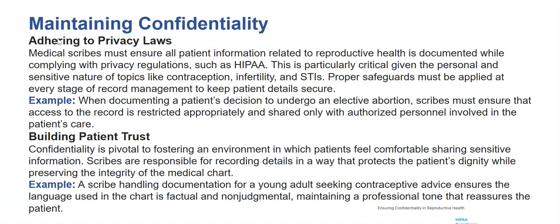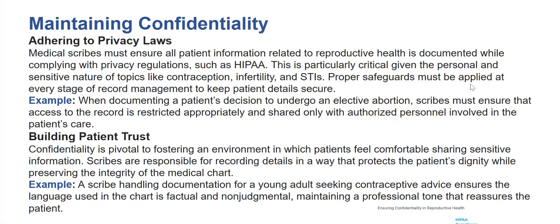Key points: maintaining confidentiality and adhering to privacy laws. Medical scribes must ensure all patient information related to reproductive health is documented while complying with privacy regulations, such as HIPAA in the USA. This is particularly critical given the personal and sensitive nature of topics like contraception, infertility, and STIs.